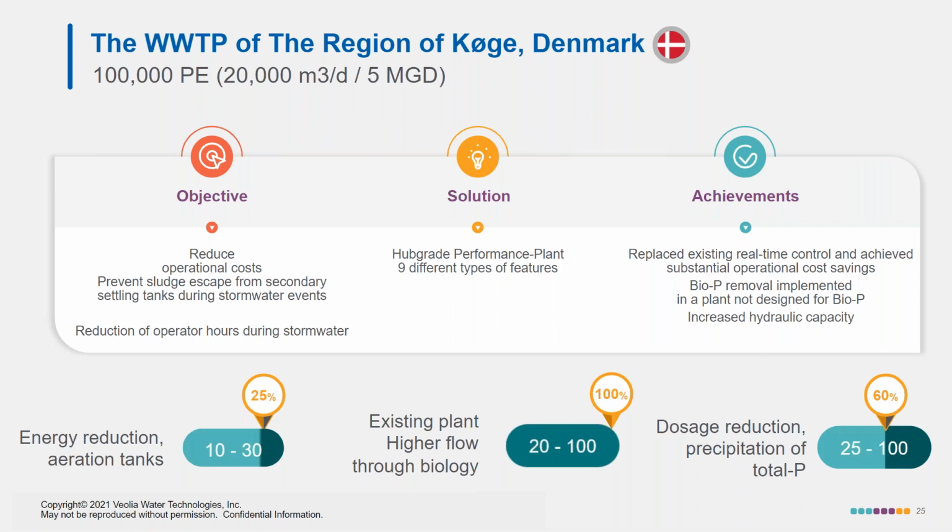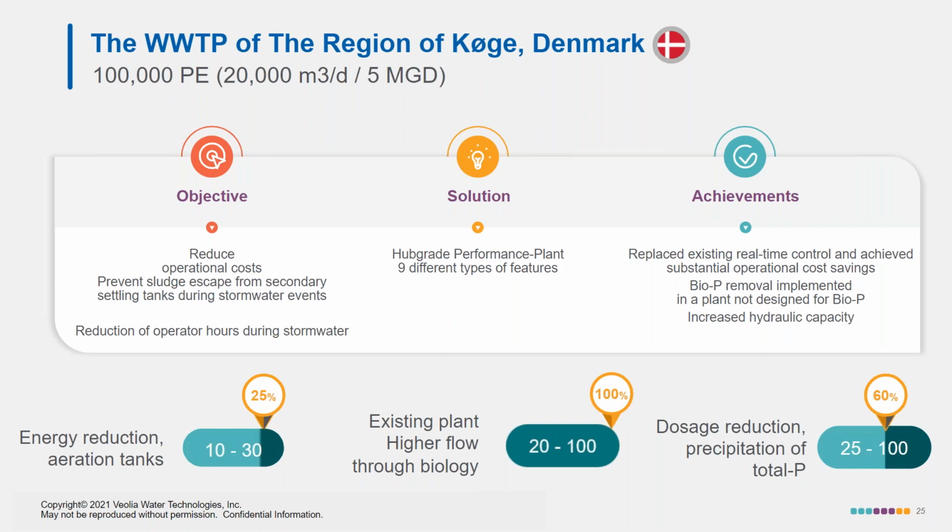But they moved away from this one because it didn't have any aspect of handling hydraulic events. So instead, they switched over to the solution I just described and were able to start doing BioP removal, even though the plant was not designed for it, as shown before, and increase their hydraulic capacity in an automated way.